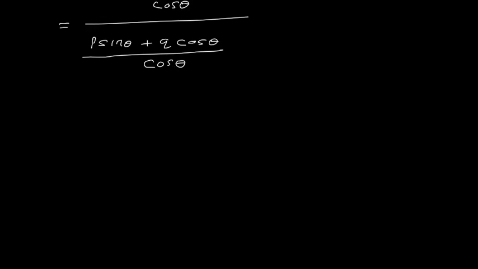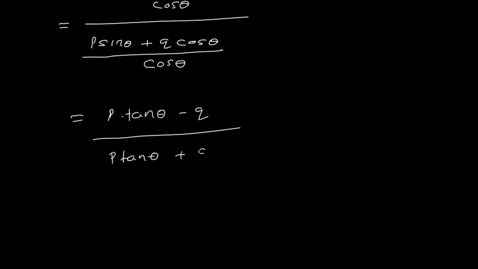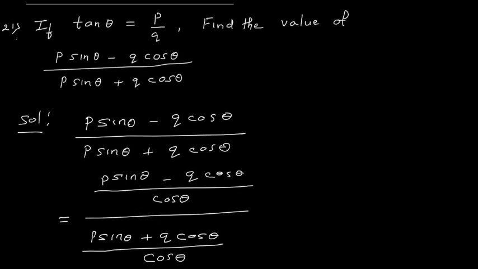So sin theta upon cos theta is what? Tan theta. So you will get P into tan theta minus Q whole divided by P tan theta plus Q. Now the value of tan theta is P upon Q.